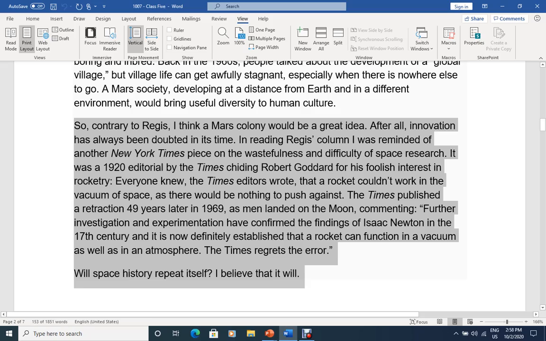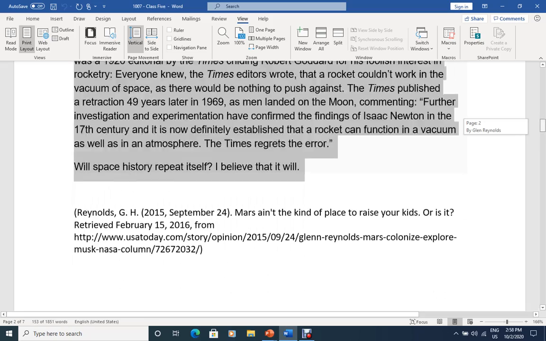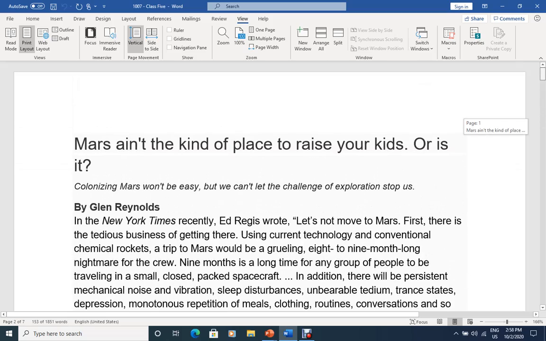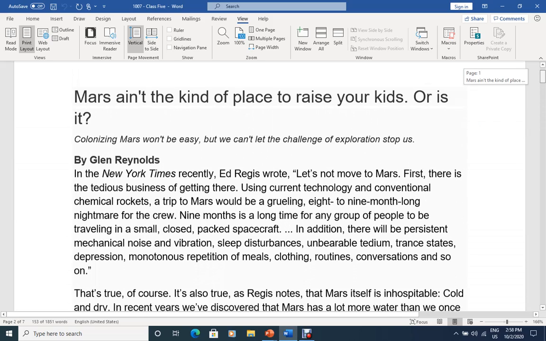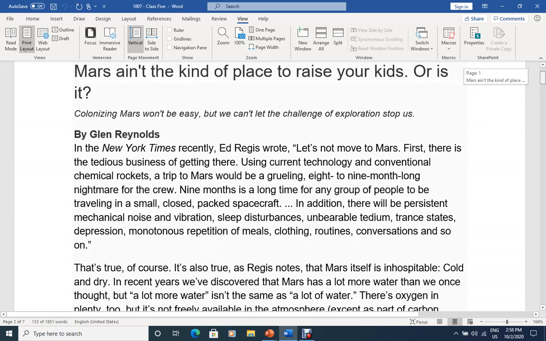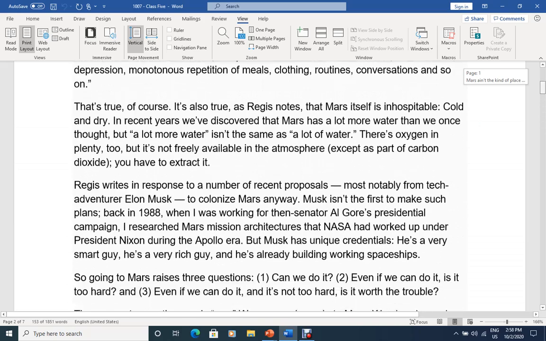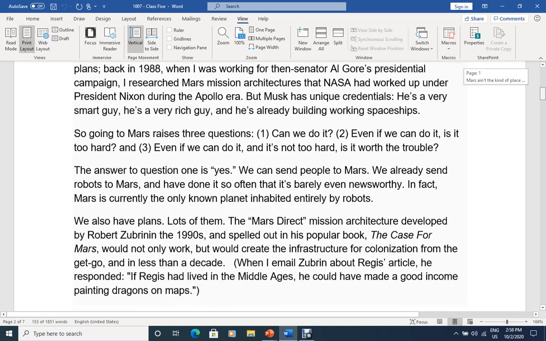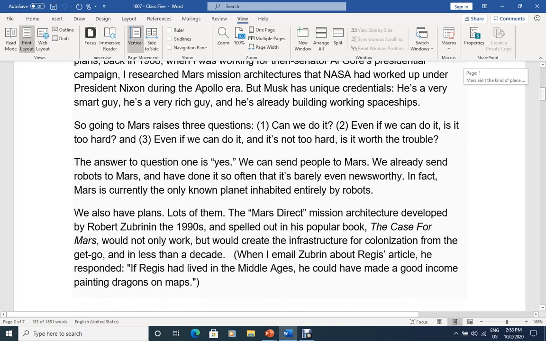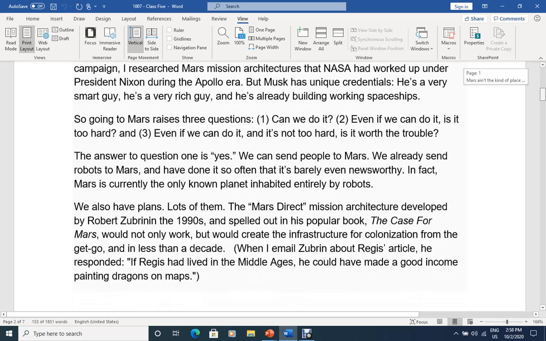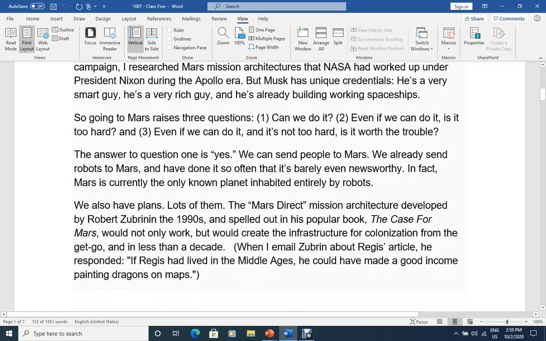Using this, we now understand the structure a lot better. We know that we've got 3 paragraphs of setup where he's summarizing the author that he disagrees with. Then we get into the question of plans and how possible it is to go to Mars, and we've got 2 paragraphs there.